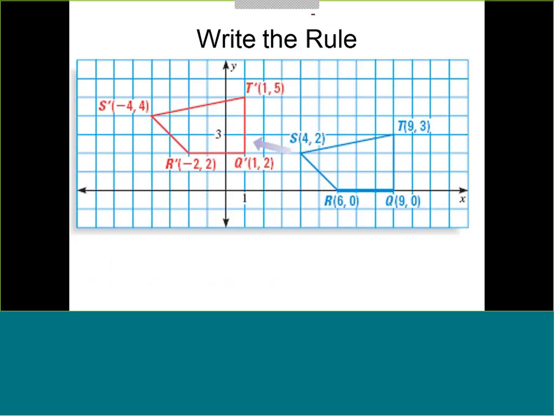The rule here, if we want to use words first, so again, we're moving this left. We're moving it left 1, 2, 3, 4, 5, 6, 7, 8 units. Left 8, and then we are moving it up 1, 2.